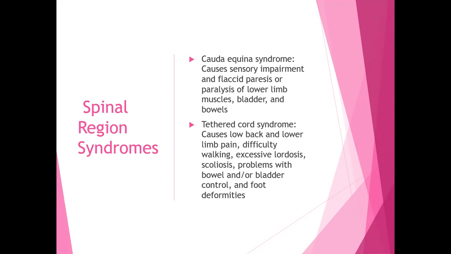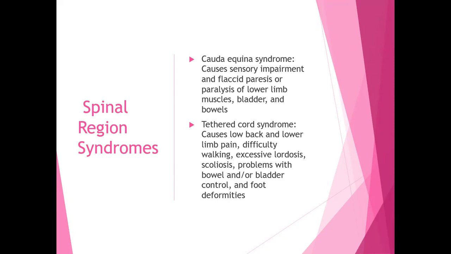A lot of times abnormal signs on the lower back indicate tethered cord associated with spina bifida occulta. You might have a lipoma, or a tuft of hair, or a hemangioma, which is a tangle of blood vessels, or a little fatty mass there.